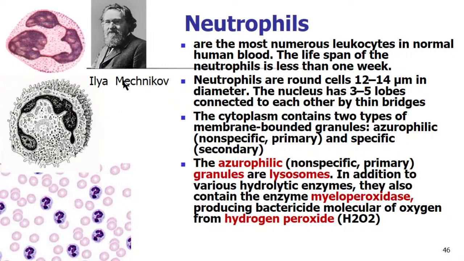Ilya Mechnikov, when investigating the phagocytosis of neutrophils, named the neutrophils microphagocytes. And this is an example of an image of band cells. In band neutrophils the shape of the nucleus is like a question mark, or maybe like an S shape.